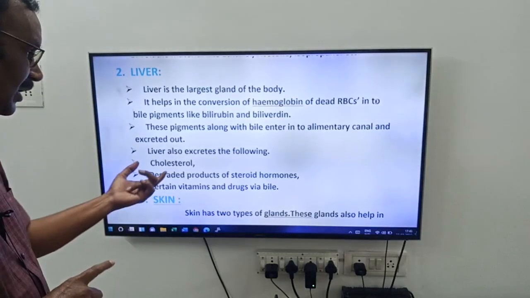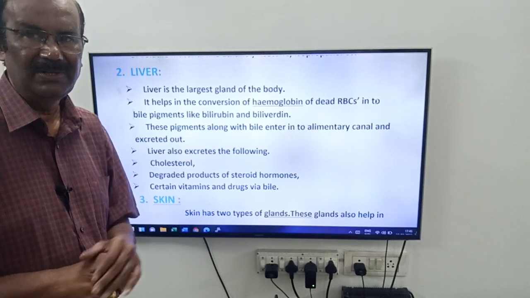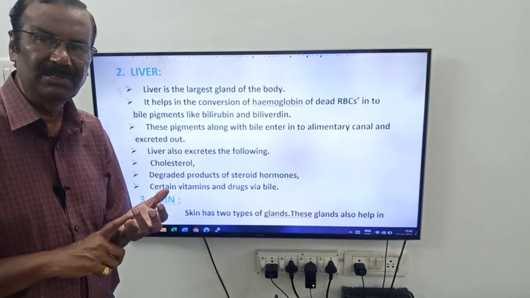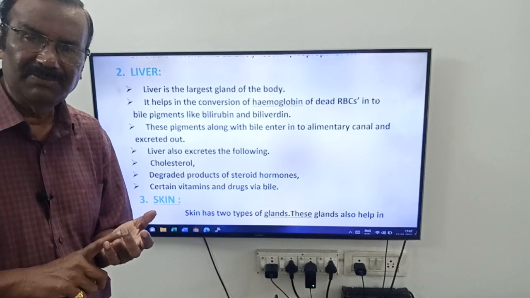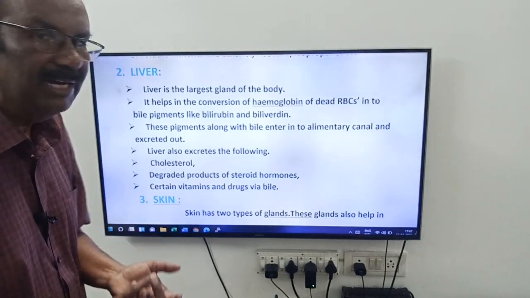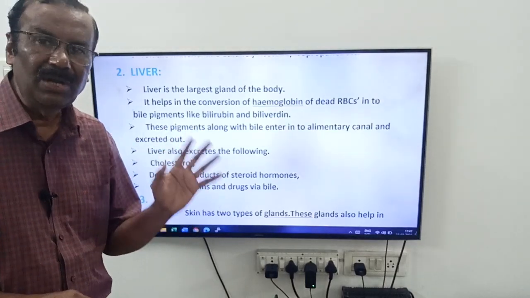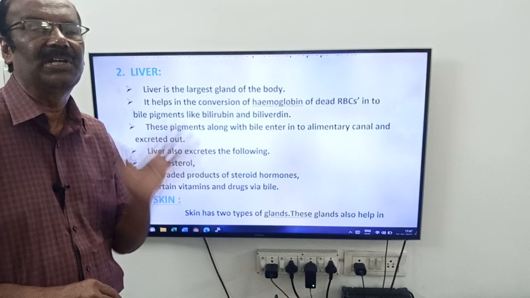Next, certain vitamins and drugs via bile. This is about the role of the liver in excretion.